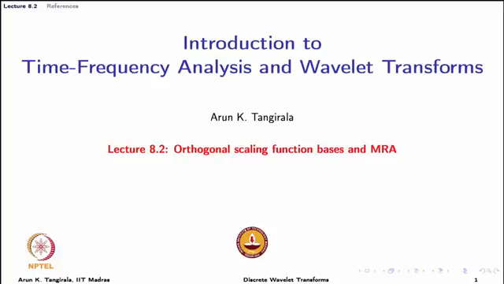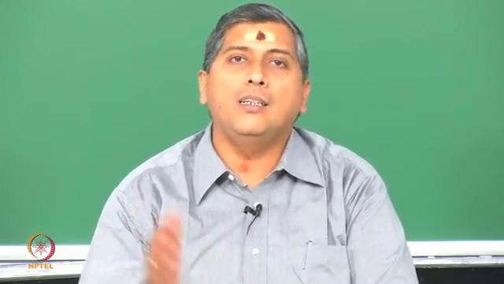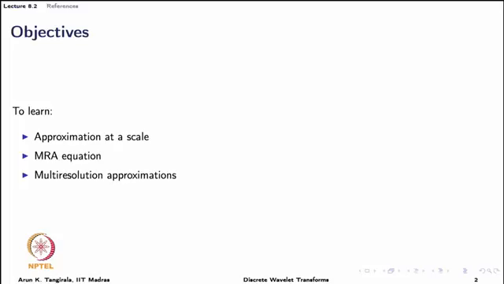And also it establishes a connection between the wavelet functions, scaling functions, multi-resolution approximations and ultimately the filters that we are going to use in implementing DWT. In this lecture particularly we are going to talk about approximations at a scale. And you must have started noticing this even in 8.1, that the moment we started looking at DWT we have begun to talk about approximations and so on rather than time frequency analysis, and we will understand why that is so.